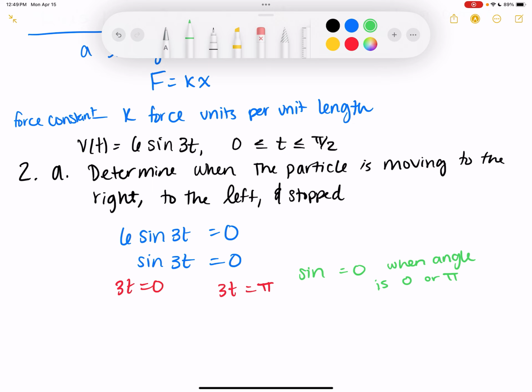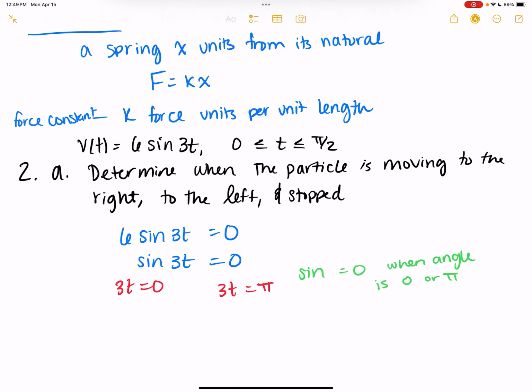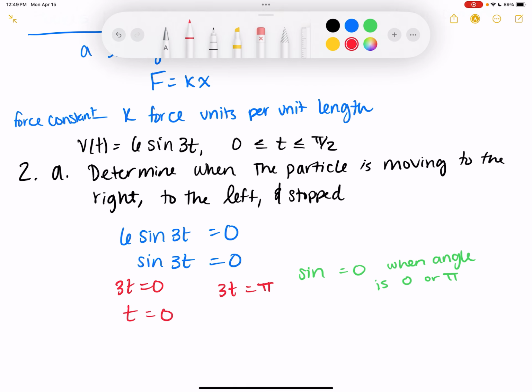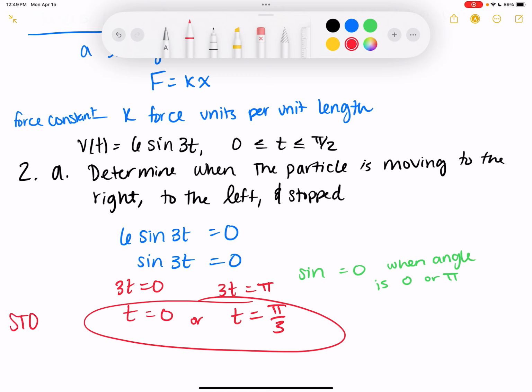So this means that t is equal to 0, or over here t is equal to pi over 3. So here, this is where it is stopped. So not moving at all.